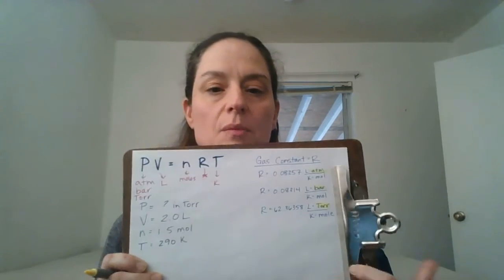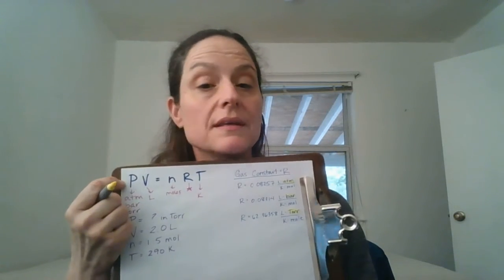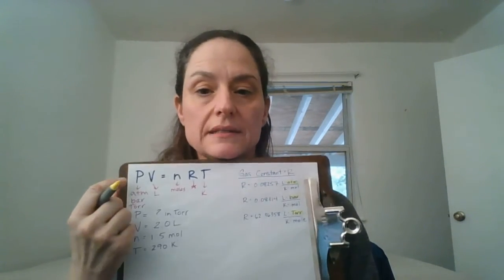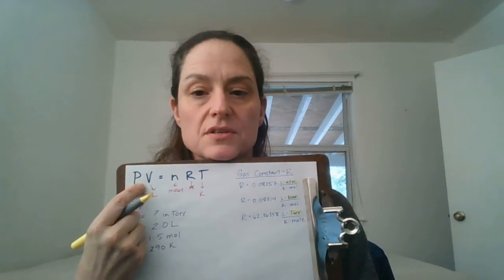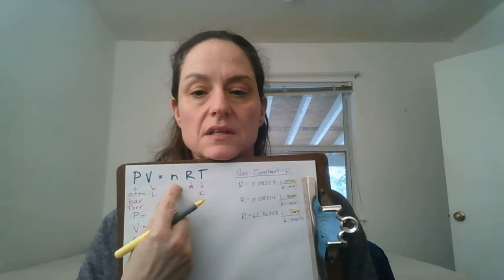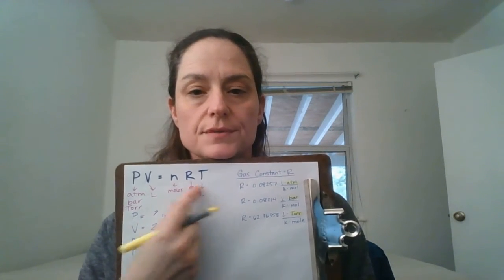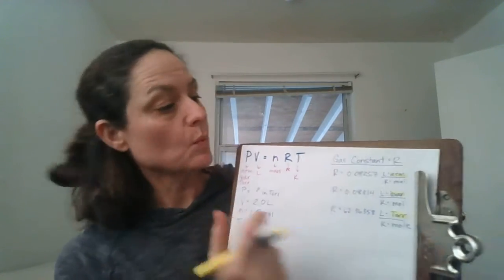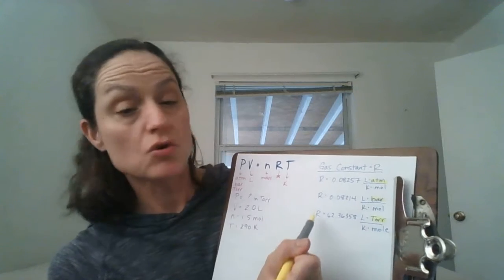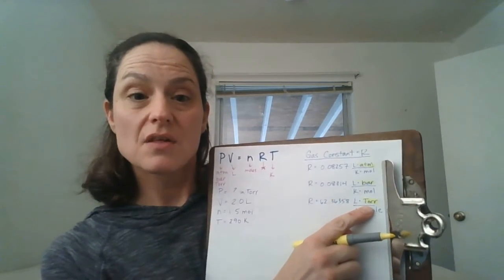People did experiments to calculate these gas constants so that we could calculate between these different terms. Pressure times volume equals the number of moles times the gas constant times temperature. Okay, so when you do these problems, we have to make sure that we are using the correct R value to match the pressure.